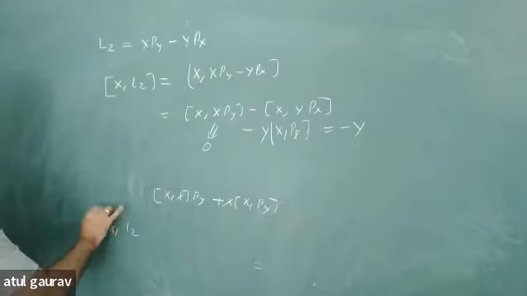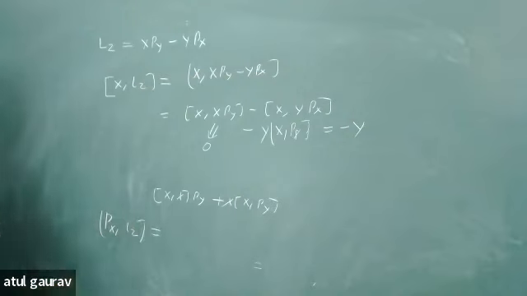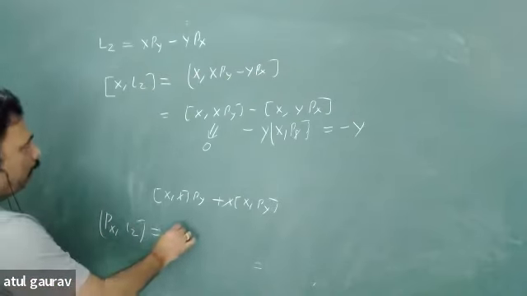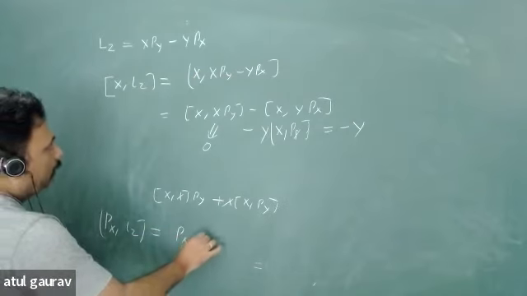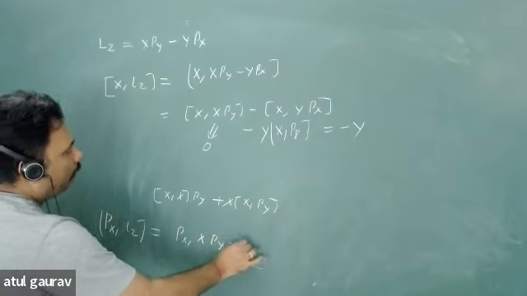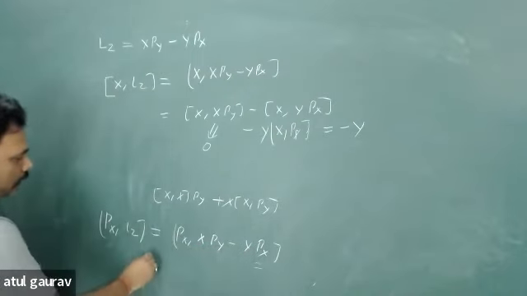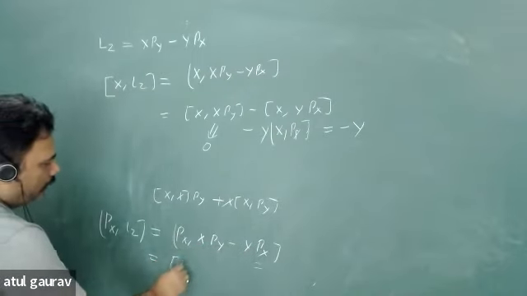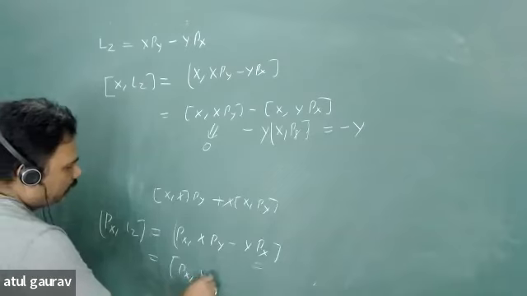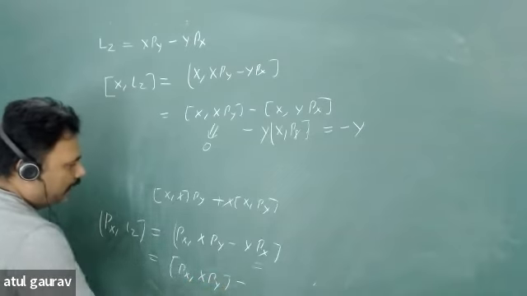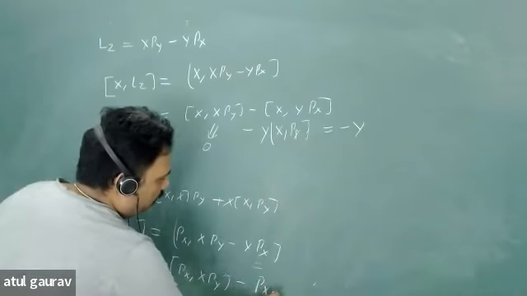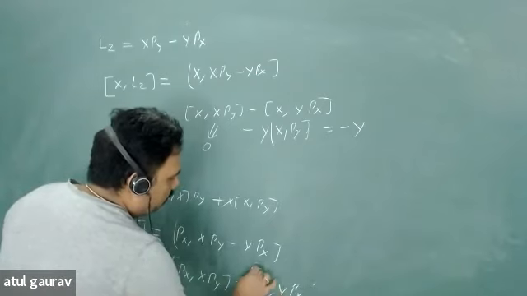For example, let's go for the next one: px and Lz. So here I am writing px with (x py minus y px). If we open it, then what will happen? px with x py, minus px with y px.